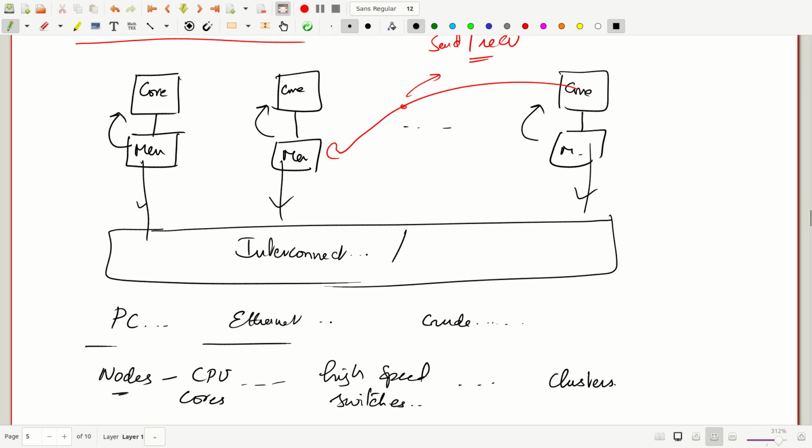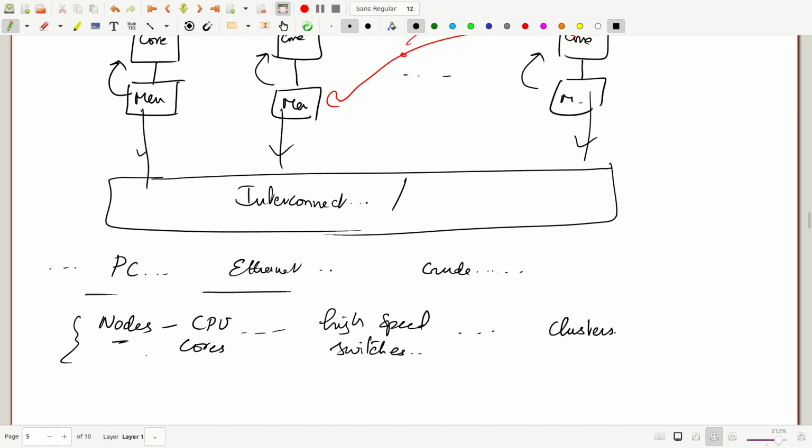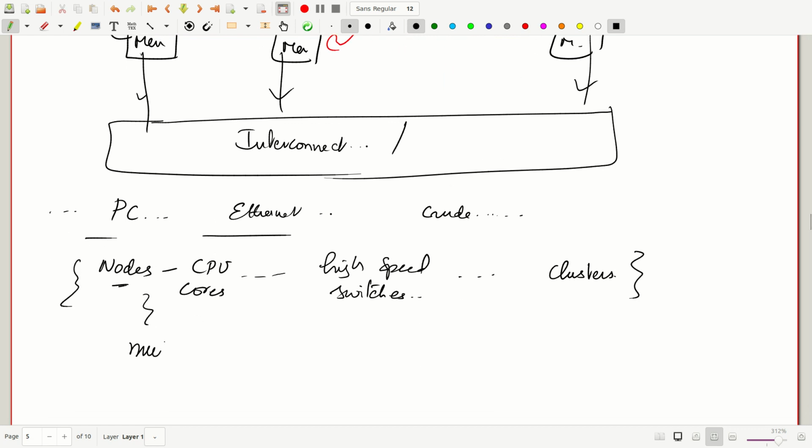Of course, you can also build your own crude clusters by connecting several PCs and things like that. In general, these nodes themselves will have multiple cores. As a whole, we may see this cluster as a distributed memory system.